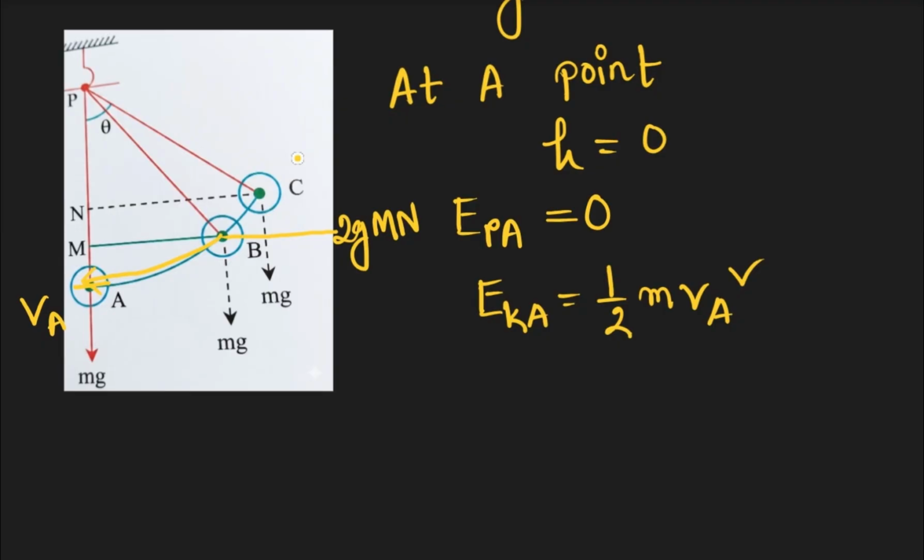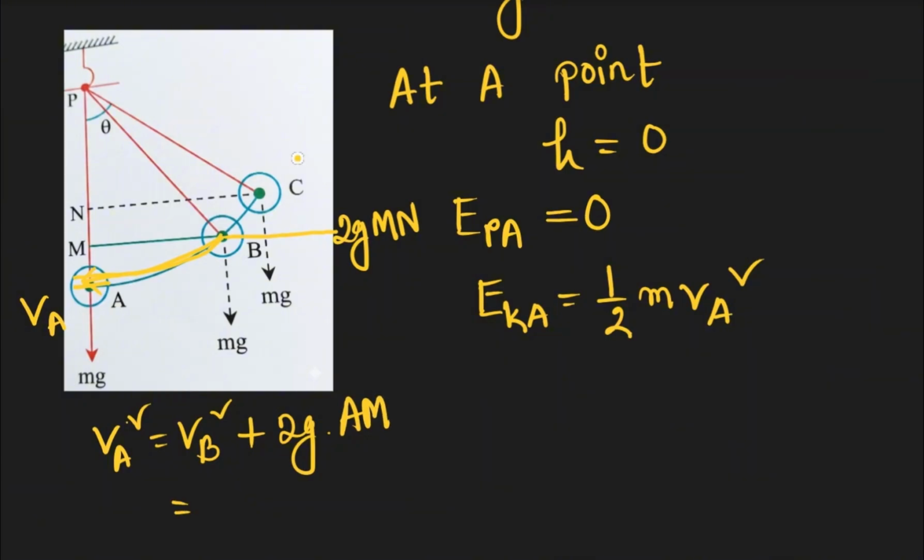So VA square equals VB square plus 2g, and is there no height traveled? Of course there is some height traveled. How much? From B to A, which is AM.